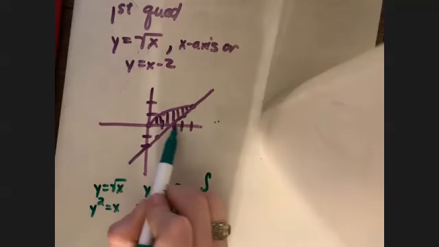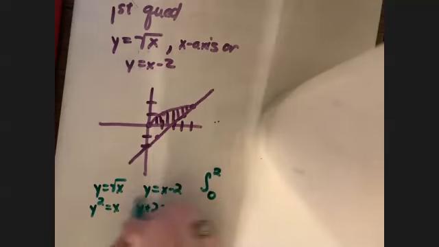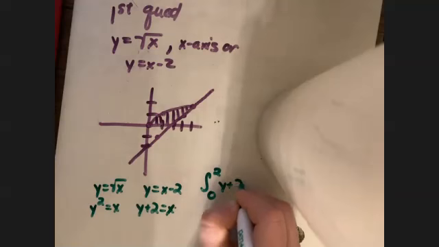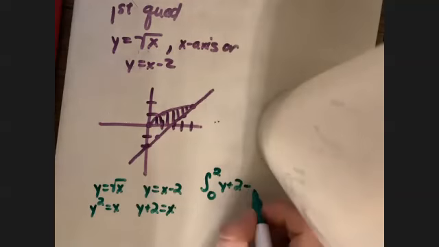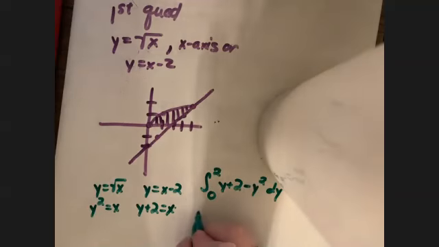Low y is 0, to the high of y is 2. The right side function is the line, so y plus 2, minus the left side function, which is y squared, dy.